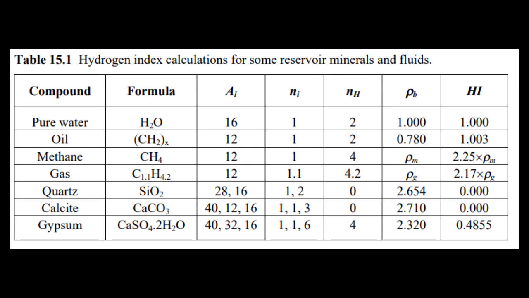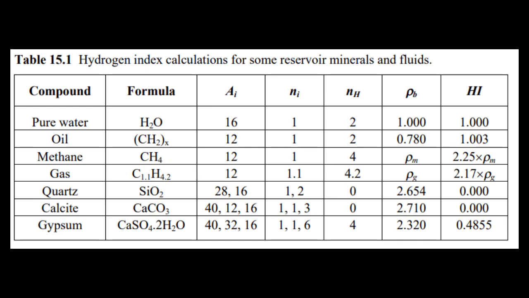Okay, so in this table we can see how the hydrogen index changes for different reservoir minerals and different fluids. Again, we have to remember that the neutron log is mainly responding to the hydrogen concentration per unit volume, as we said before. Materials that have more hydrogen make us lose a lot of neutrons through absorption, and create a stronger response.